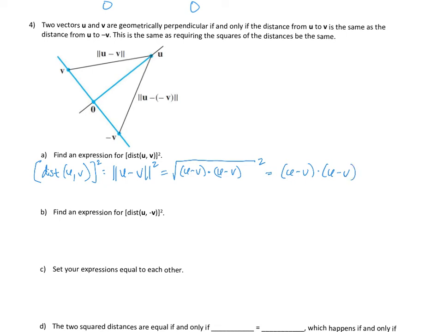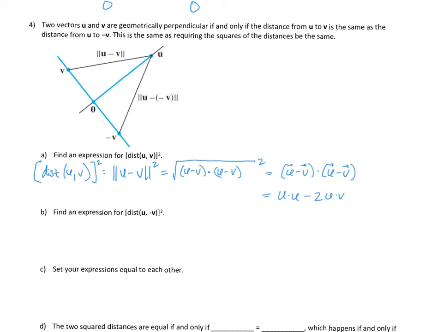Okay, and then we can multiply this like the way you would with, say, FOIL. And just remember that these are all vectors. Okay, so we have u dot u minus u dot v minus v dot u, and it's commutative, so this is minus 2 u dot v, and then plus v dot v.